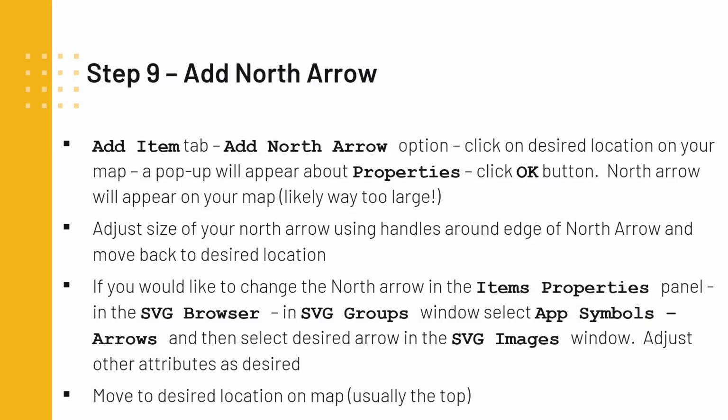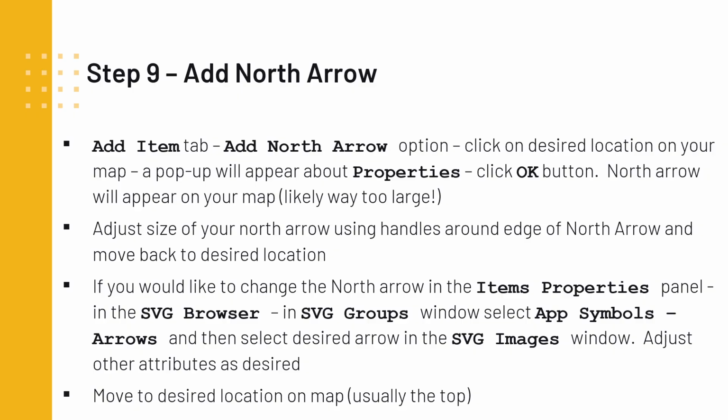To add a north arrow, go to the Add Item tab at the top of your page, click the Add North Arrow option, and then click on your desired location on your map. A pop-up is going to appear about the properties. Just click the OK button. The north arrow will appear on your map, likely way too large. Adjust the size of your north arrow using the handles around the edge of the north arrow, and then move it back to your desired location.